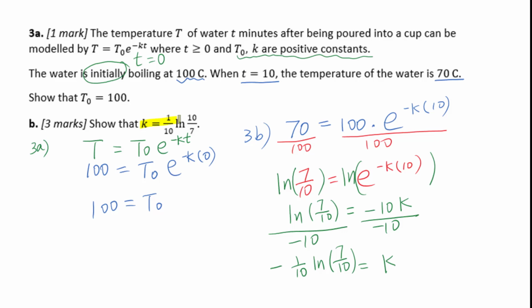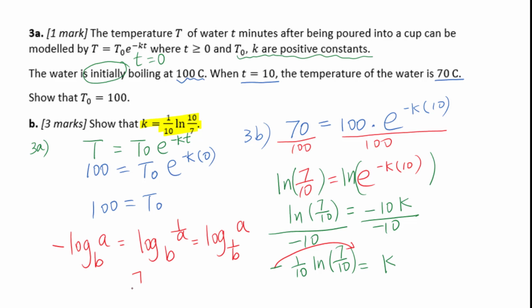Check this k. There is no negative sign in the target, so we need to move this negative sign into an exponent. We do know negative log base b of a equals log base b of 1 over a, or log base 1 over b of a.